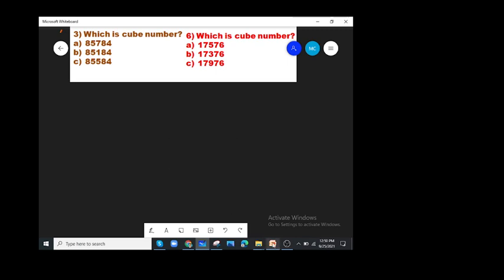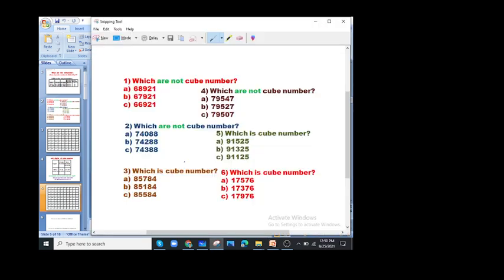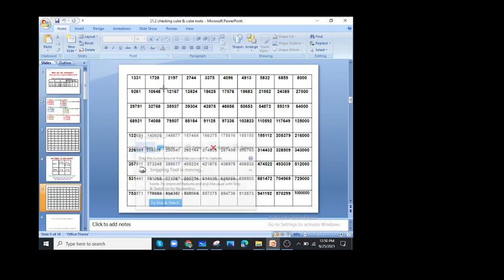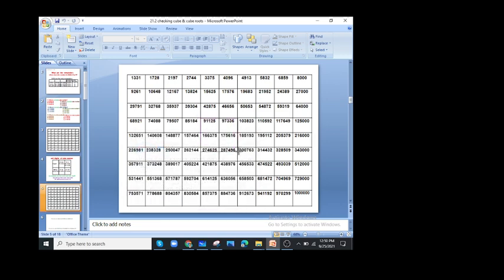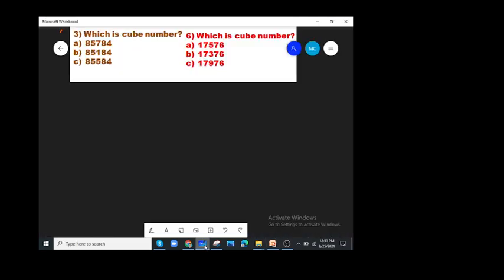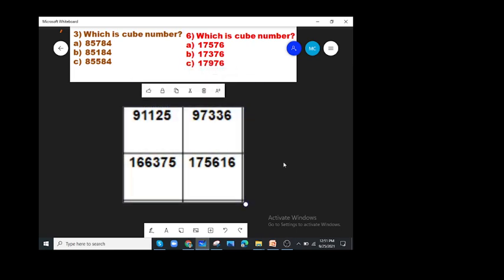What is the number you have seen there? 175, yes. 616. Let's take this problem and bring to your notice how to do this problem. How to find the cube root.